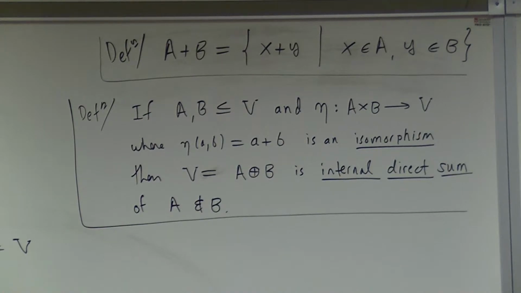Okay, just getting back to the point. If I have a vector space and two subspaces, and you want to forget about the eta mapping, when does it suffice to say that it's the direct sum of, say, A and B?